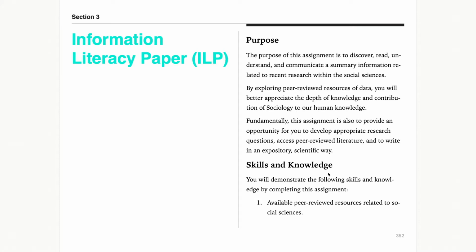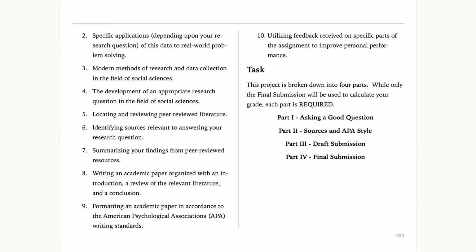Next, I list the skills and knowledge. You're going to be able to know the available peer-reviewed resources related to social sciences. You are going to learn specific applications related to real-world problem solving, use methods of research, develop an appropriate research question for the field of social sciences, locate and review peer-reviewed literature, identify sources relevant to answering your question, summarize your findings from those resources, write an academic paper organized with an introduction, a review of the relevant literature, and a conclusion.